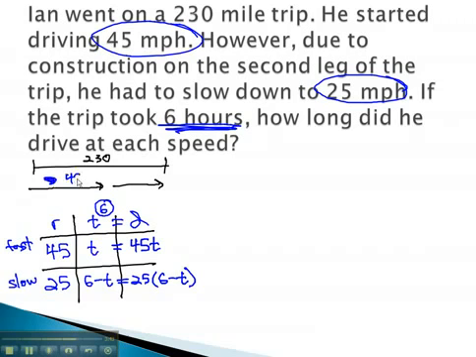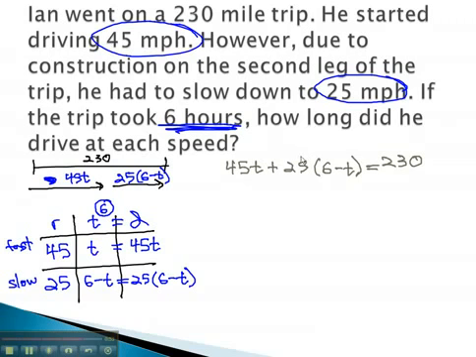If the first leg is 45t, and the second leg is 25 times 6 minus t, we need to add them together to get the total trip. 45t plus 25 times 6 minus t equals the total trip of 230 miles.